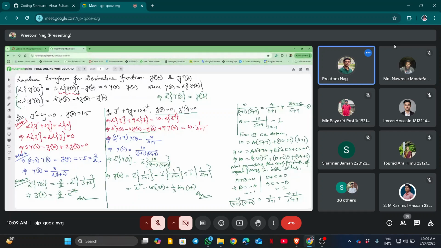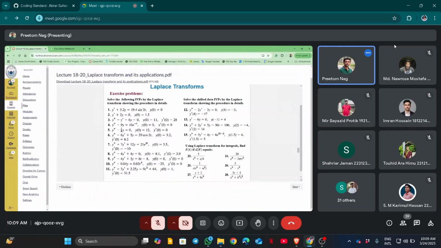So if you have followed the solution process here, the steps, the algorithm of solving this kind of problem, let me now ask you to go for another problem, which is number 7.